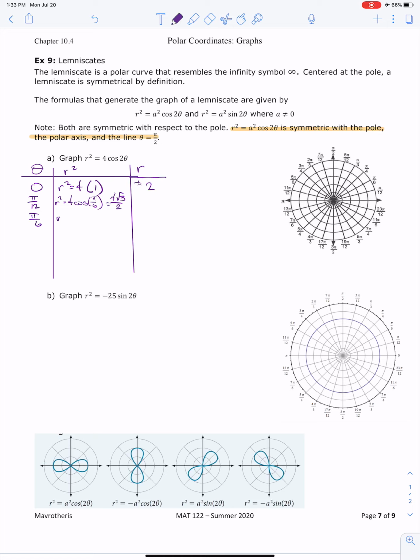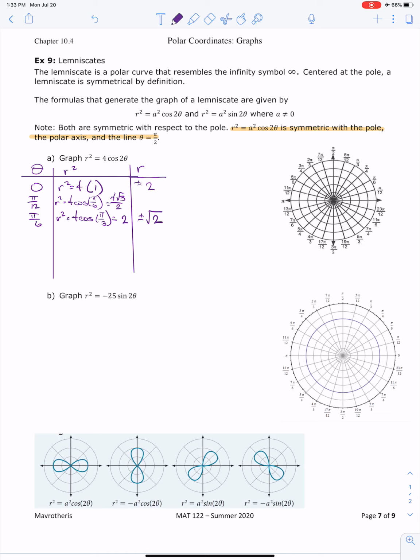Pi over 6, I get r squared equals 4 times the cosine. 2 times pi over 6 is pi over 3. Cosine at pi over 3 is 1/2. 4 times 1/2 is 2. And so I take the square root of that. I get plus or minus square root of 2.